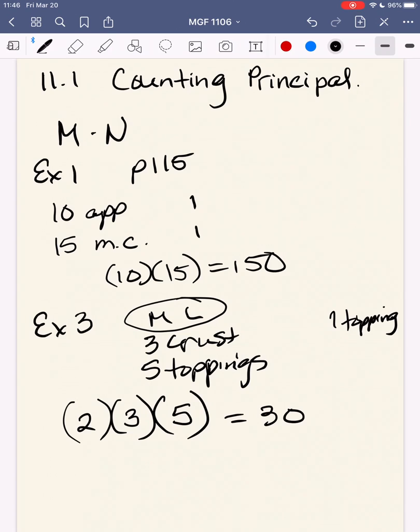I'm going to look at example 5. It says checkpoint 4 on the next page. This one is a little bit long, but it's pretty good. Car manufacturers are now experimenting with lightweight 3-wheeled cars. That's just some information that they have out there. They're designed for one person and ideal for city driving. Suppose that you could order such a car with a choice of 10 colors, with or without air conditioning.